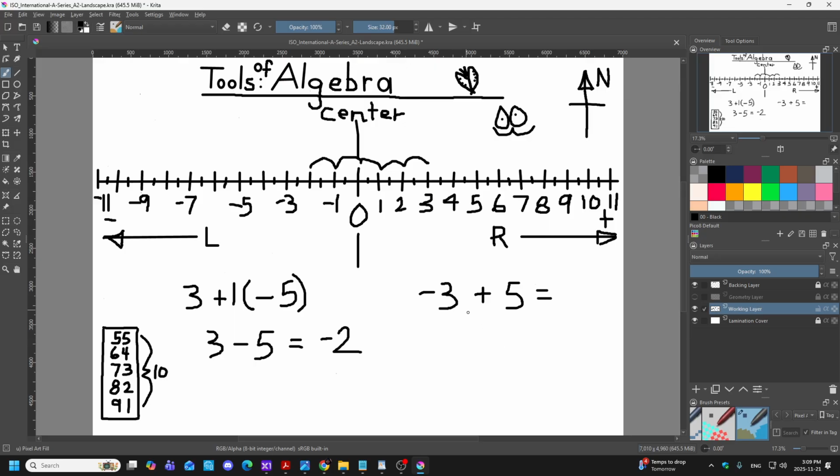Okay, let me just get rid of all that. That took us to -2, right? Let me rewrite this. I had to clean that up. -3 plus 5, okay? And then again, because the negative's on this side, we could put an imaginary 1 there. It's still going to be written the same, okay?